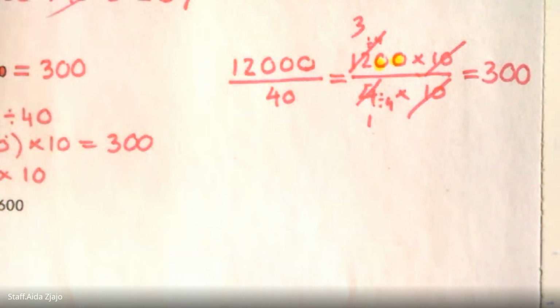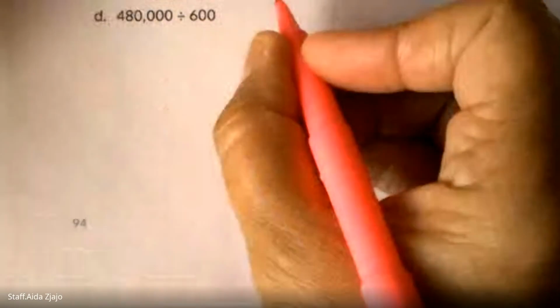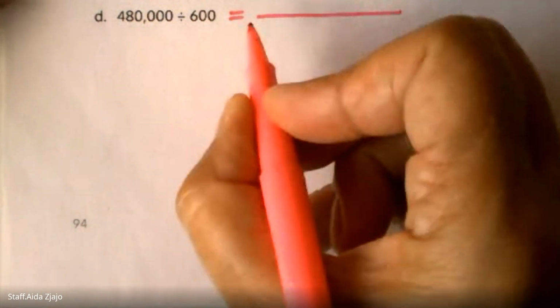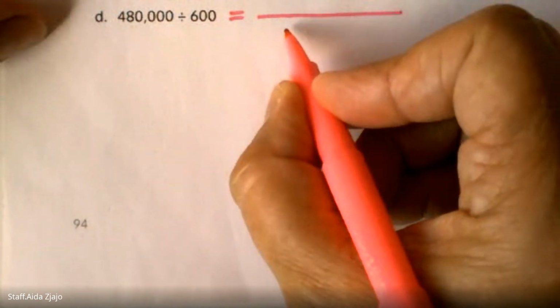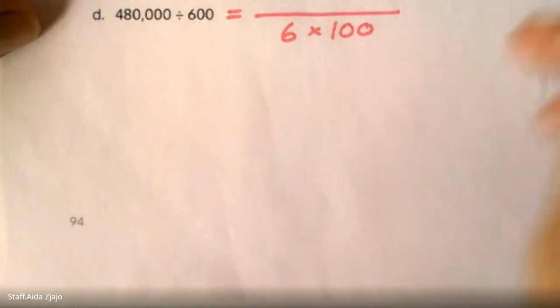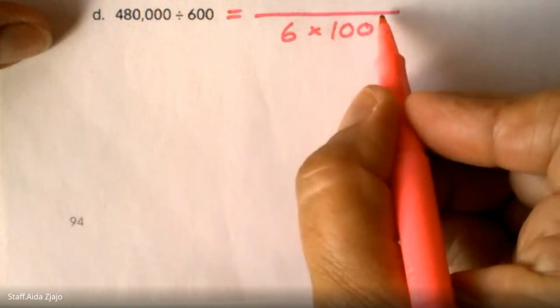Okay, so I'm sorry if I confuse you, but I hope that will help. Okay, so let's try this. So here we have, let's see, I'm going to use my strategy of thinking. I have here 6 times 100 is 600. This is the division line.